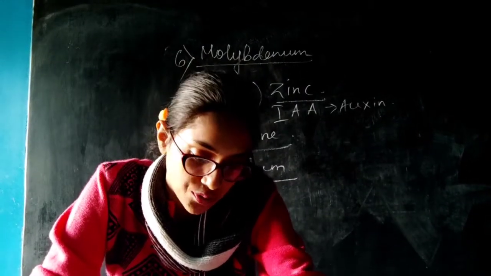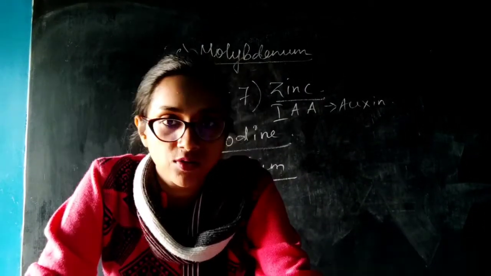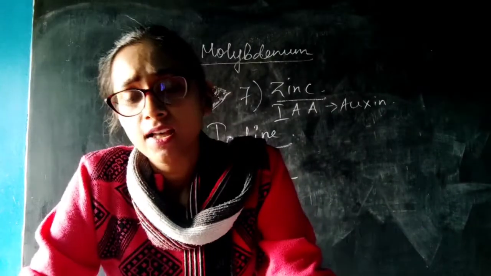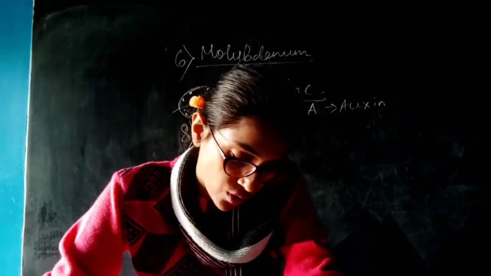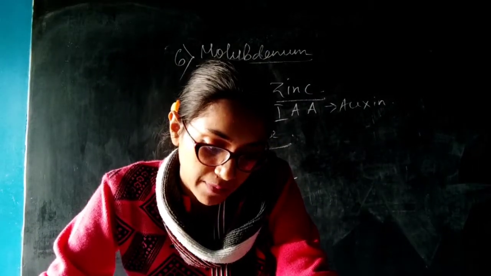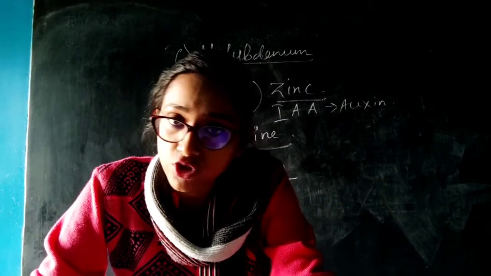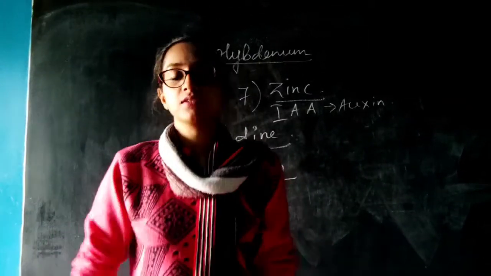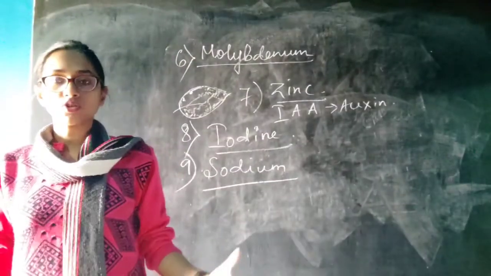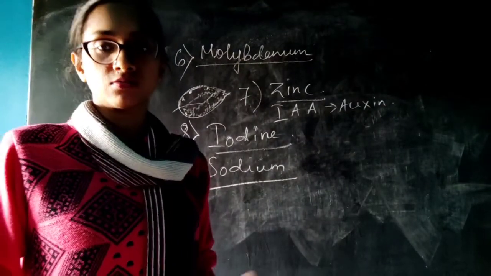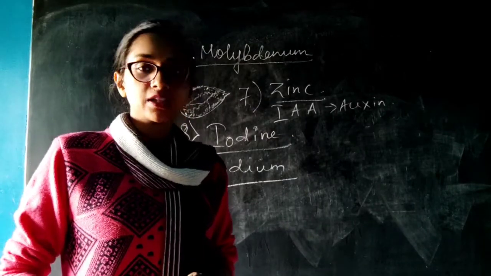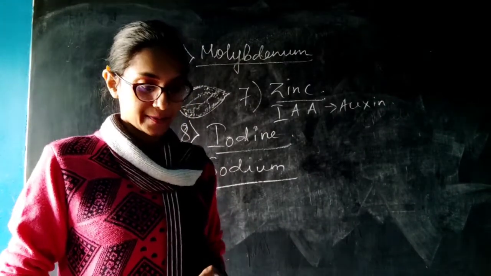Apart from this, it maintains neuromuscular conductivity, maintains osmotic balance, normal functioning of blood, and regulates muscle and nerve irritability. So if it controls neuromuscular activity, obviously muscle activity and nerve irritability will all be controlled by it.